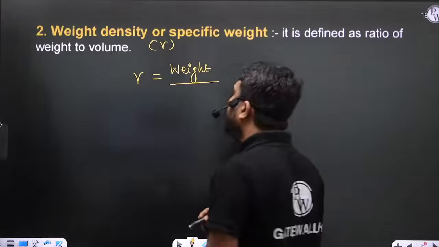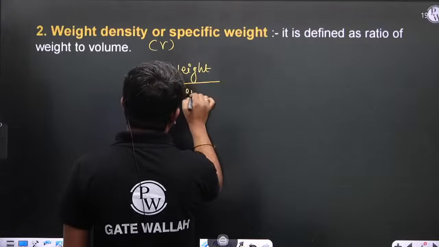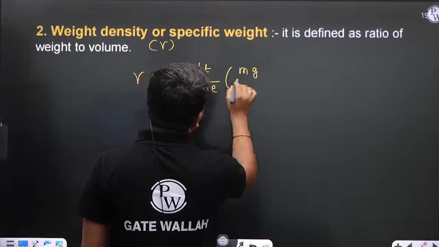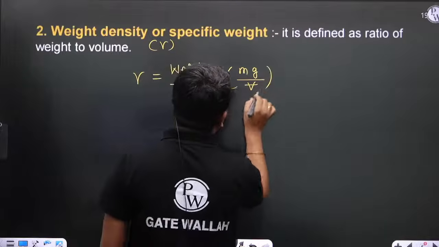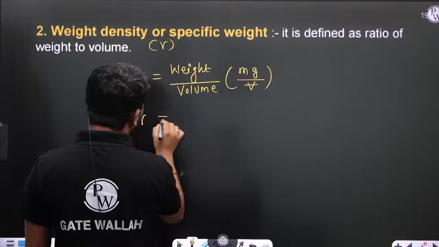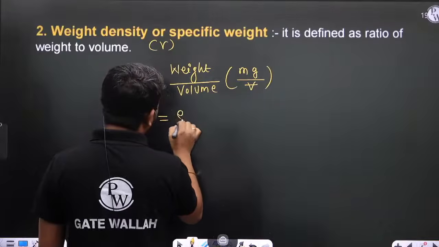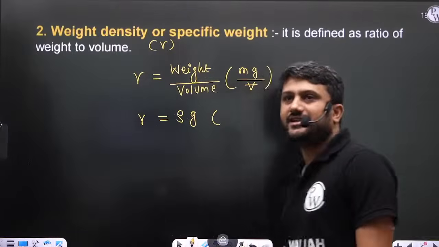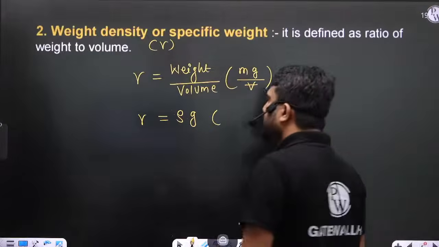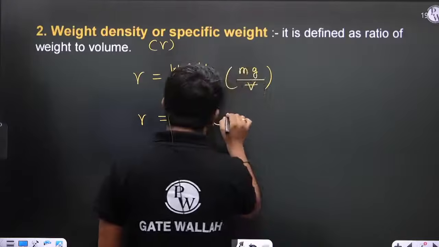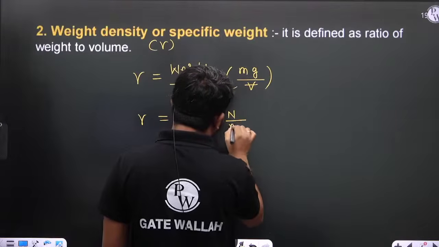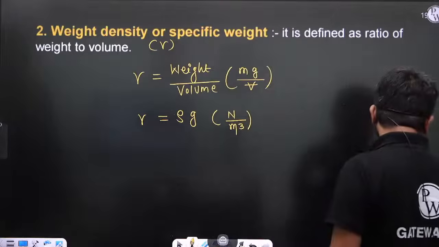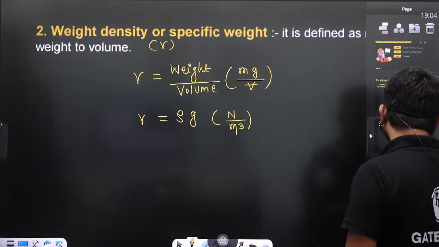It is the ratio of weight to volume, where weight is denoted by mg and volume is denoted by V. So we can write that weight density is rho into g. And what is the SI unit of weight density? It is Newton per meter cube.